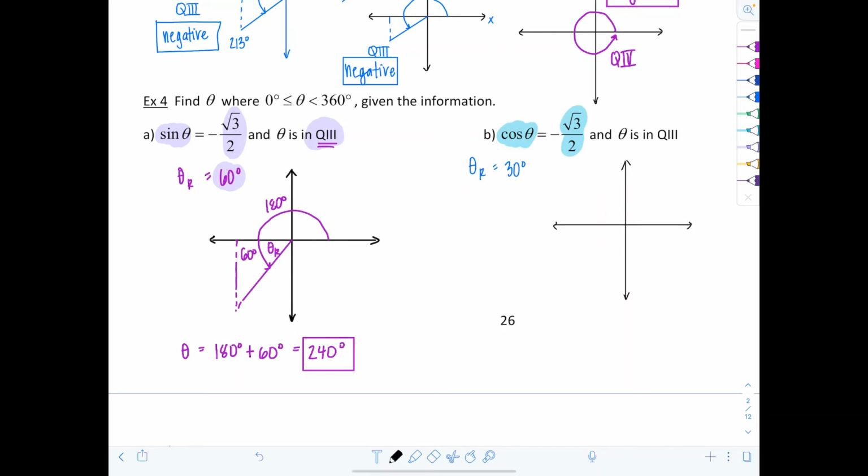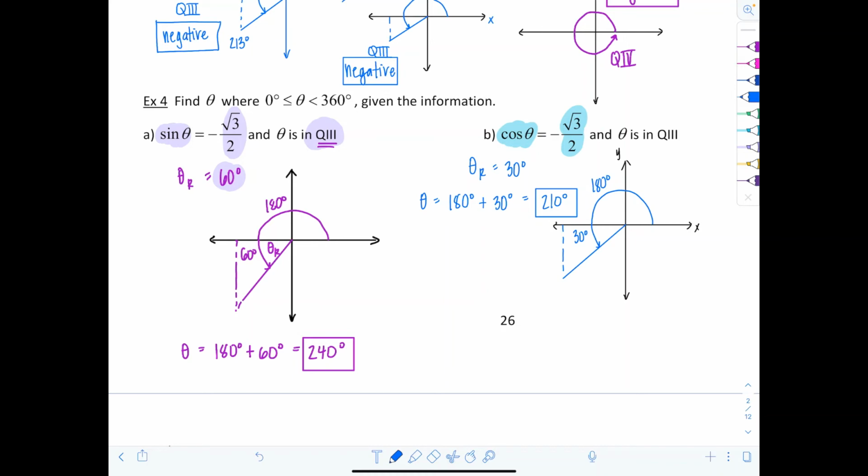If we're going to go all the way to quadrant 3, remember we start on the positive x-axis. Over here to quadrant 2, that's 180, and then I'm going to go 30 degrees more. That's how I end up over here in quadrant 3 with a 30-degree reference angle. So that means my original theta is equal to 180 plus 30, so it's equal to 210 degrees.